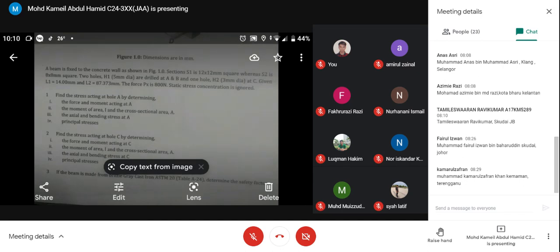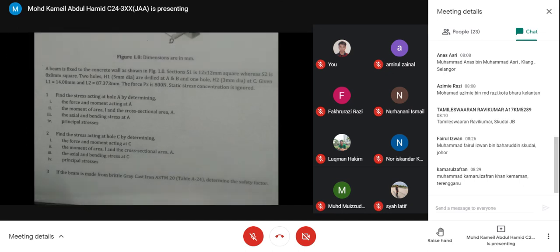To find the stress acting at hole C: find the force and moment acting at C, the moment of area and cross-sectional area A, the axial and bending stress at C, and the principal stress at C.